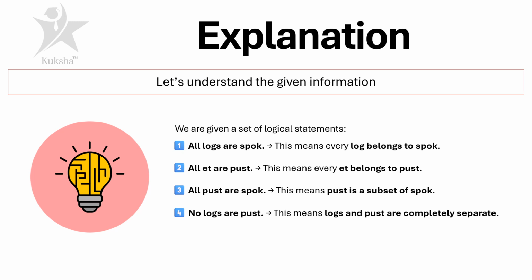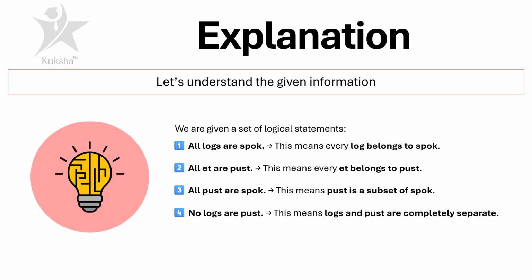So we are given a set of logical statements. All logs are spok. So what does this mean? This means every log belongs to spok. All et are pust. This means every et belongs to pust. All pust are spok.